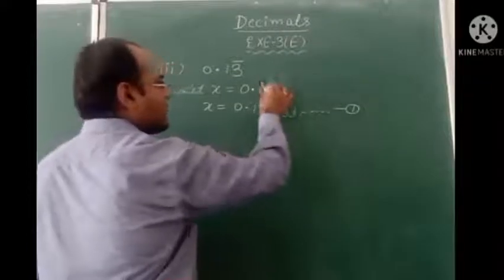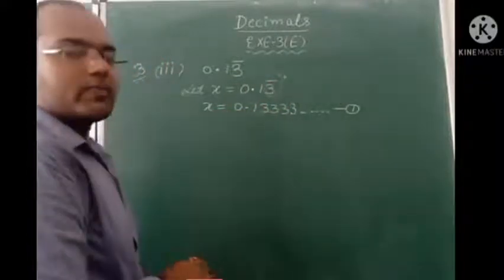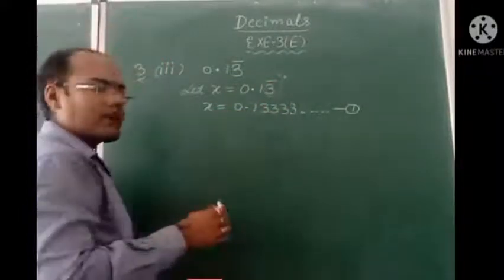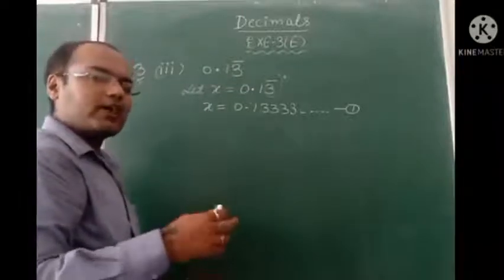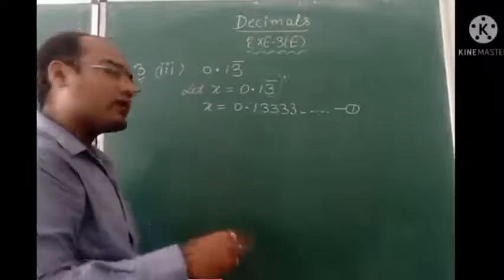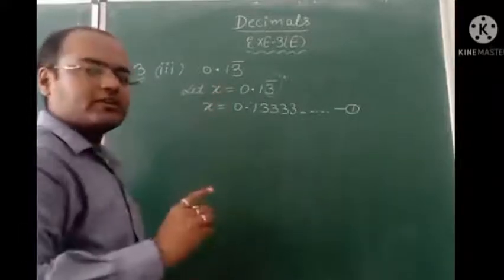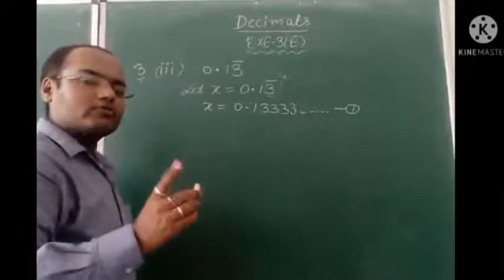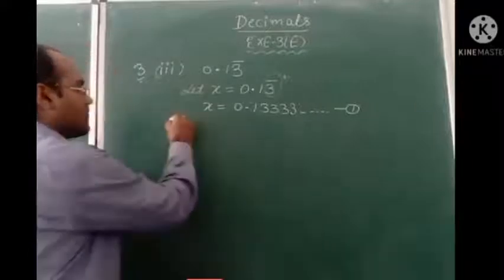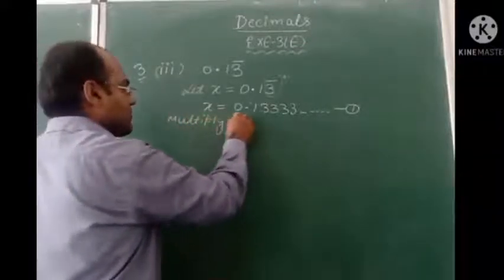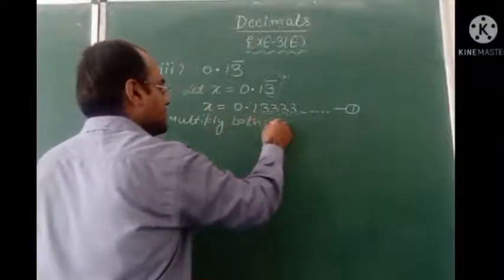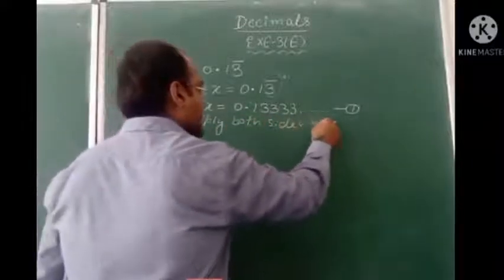Only on a single digit bar is there, that means we have to multiply by 10. If bar will be on 2 digits, then we have to multiply with 100, that means 2 zeros we have to take. Since bar is on single digit, how many zeros will we take? Only 1 zero, that means we have to multiply both the sides by 10.